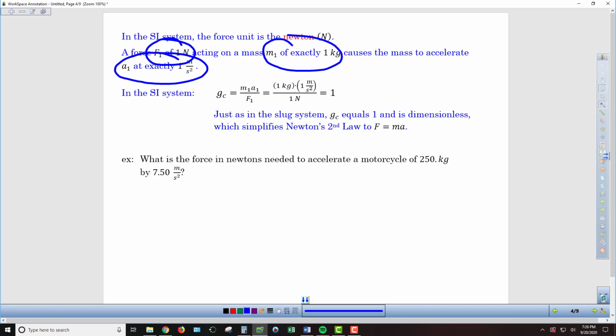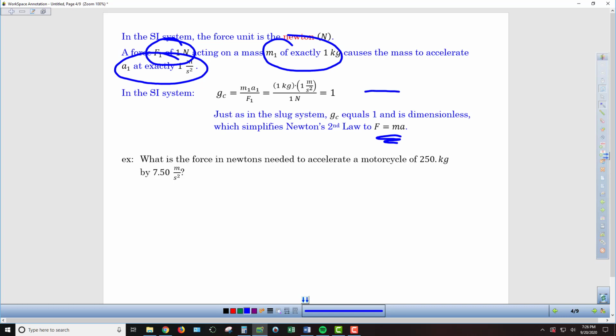So just like the slug is tied into a pound force and a foot per second squared, so too is the amount of a kilogram. It's so that when we apply 1 newton force, it's going to accelerate at 1 meter per second squared. So these quantities are not by accident. They are defined together so that we'll have this G sub c, this constant of proportionality, equal 1. So we again end up with F equals ma.